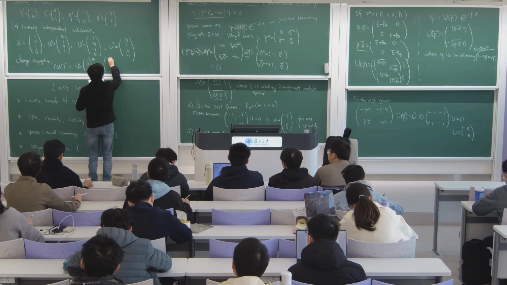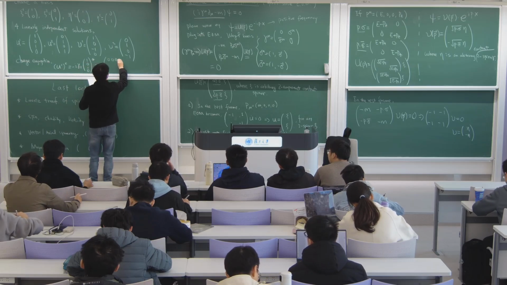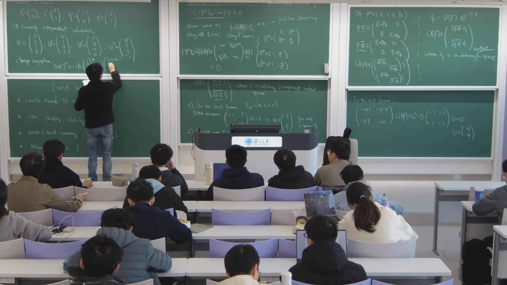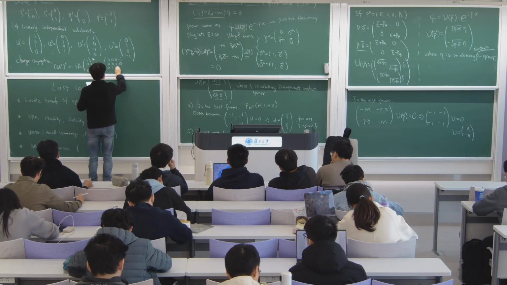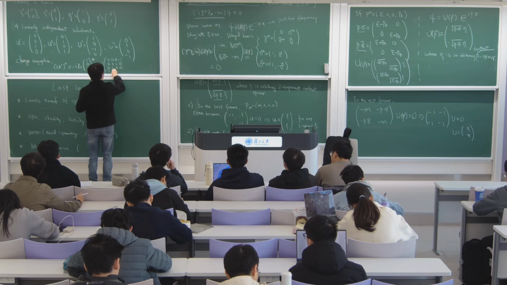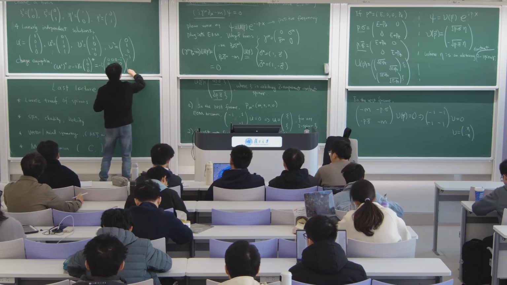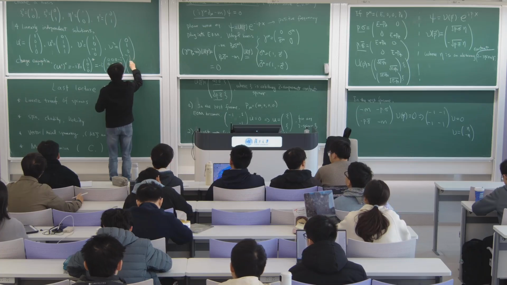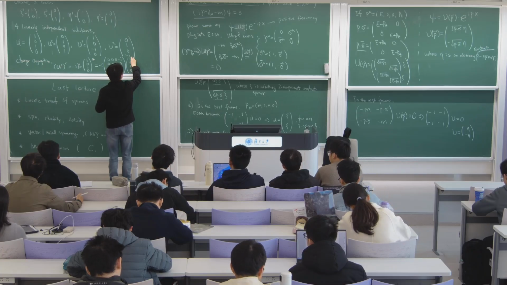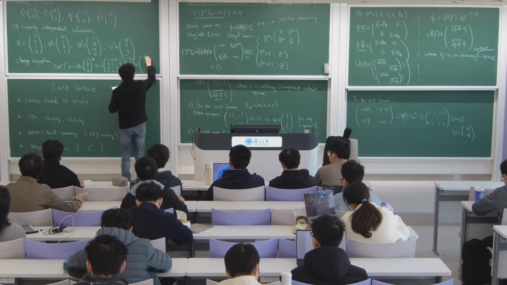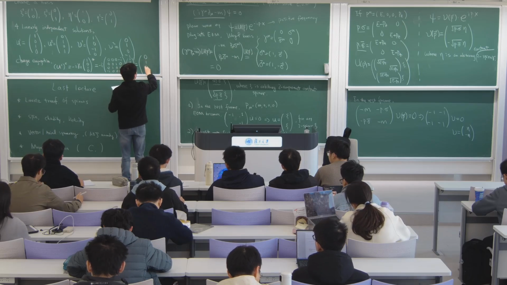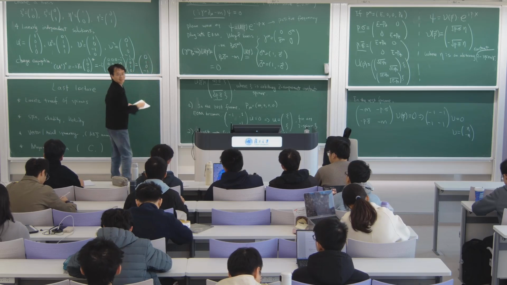Gamma 2 is 0, 0, 0, minus i, 0, 0, i, 0, and so on. And now let's act on this 1, 0, 1, 0. What do I get? I get precisely 0, 1, 0, minus 1.